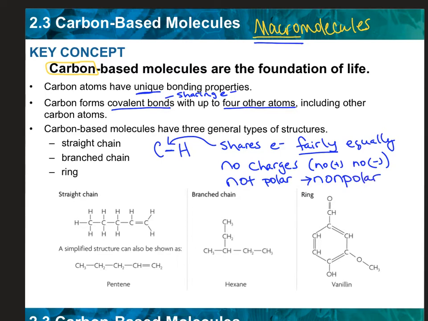So carbon-based molecules, which are super unique and have covalent bonds, can form 4 bonds. They do so in 3 general types of structures. Let's look at each of these. They can be a straight chain. Right here I have a straight chain. Here's a straight chain as well.